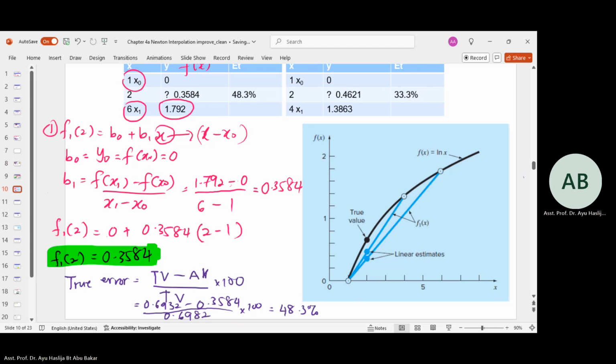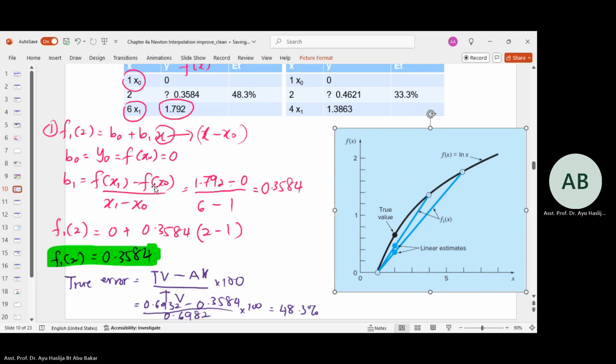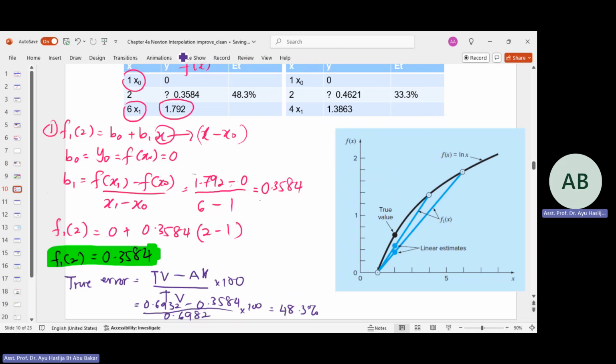Okay, try when you are given points 1 and 4, when your x0 equals 1, x1 equals 4. Will you get this answer? Same steps.